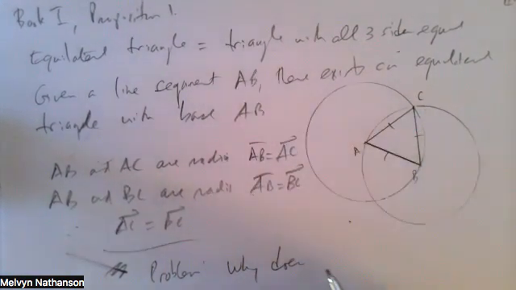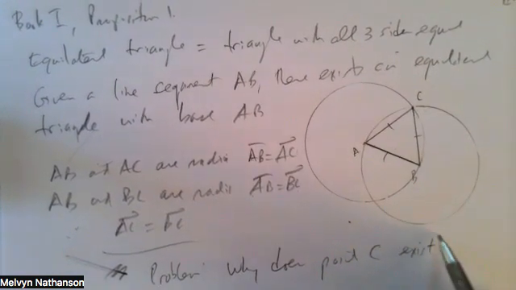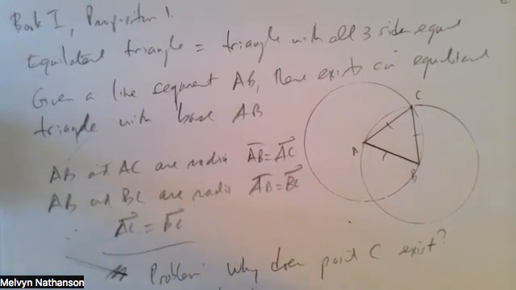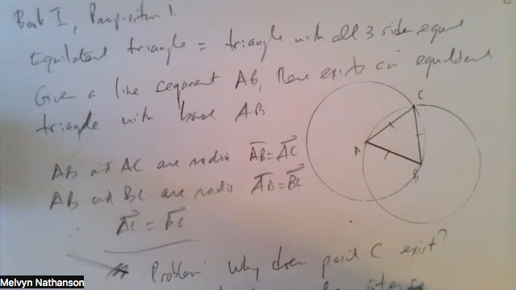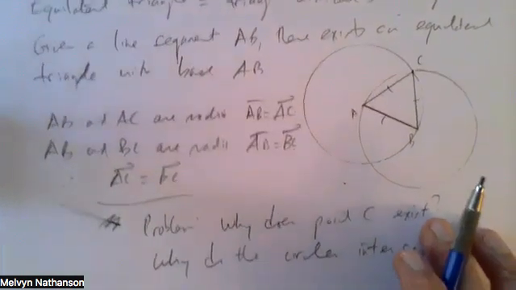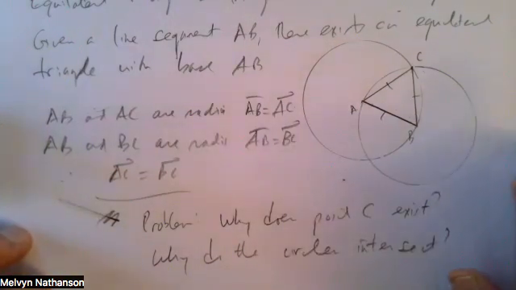Why does point C exist? In other words, why do the circles intersect? This is really a very interesting question, and if you read the book, there is actually a discussion of this question, which is very important. And I'll talk about this a little bit on Wednesday.